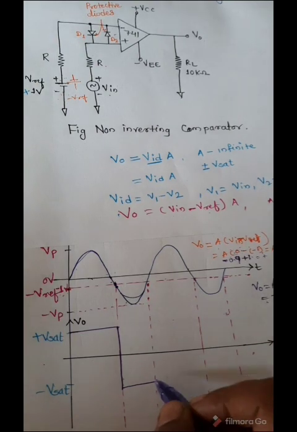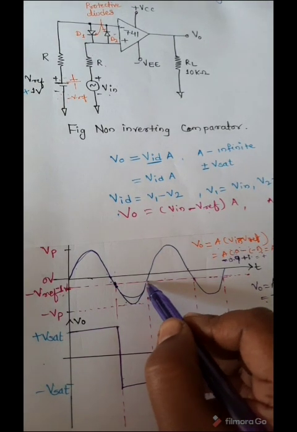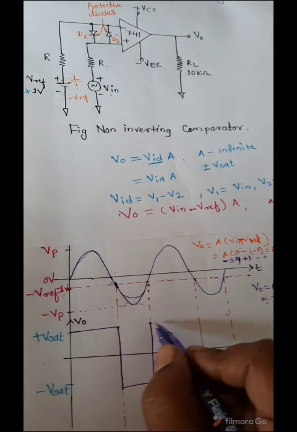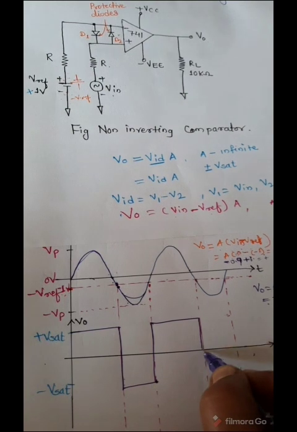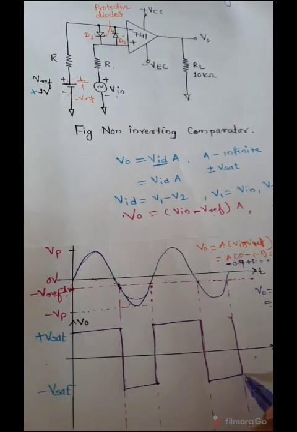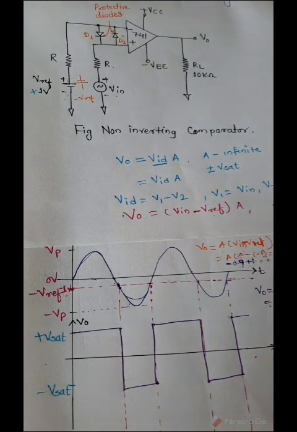The output remains at negative saturation for all the values which are less than the reference voltage. Again it comes to positive saturation, and such a cycle will continue for all the successive cycles of the input signal. Now we understand very well how this circuit compares the input signal and accordingly produces the output waveform.